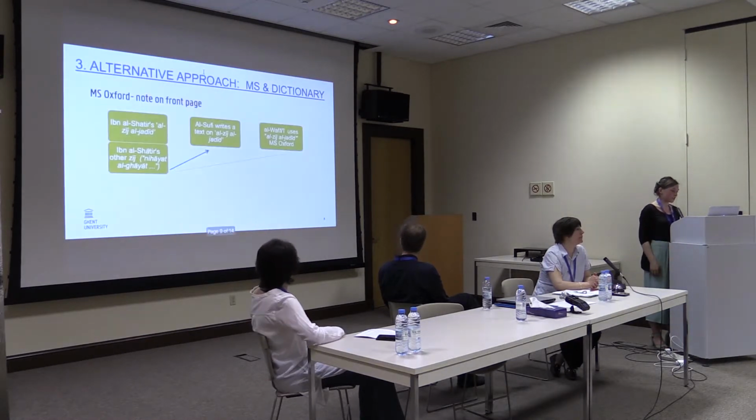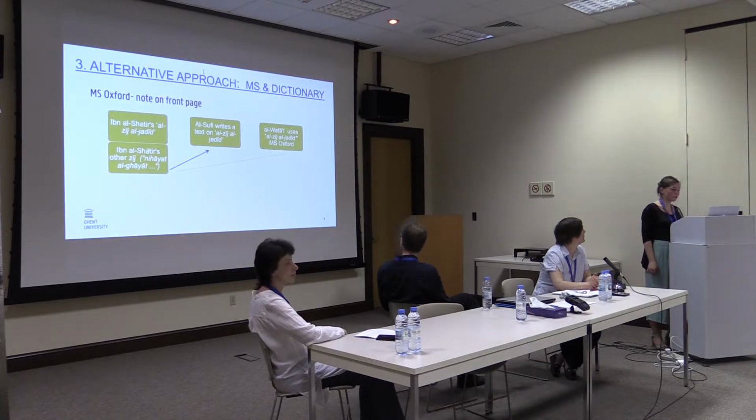So this is a reconstruction of the note on the front page. So there's a note written by al-Wafa'i, who uses this zīj, referring to a note written by a Sufi on the basis of another zīj of Ibn al-Shatir, and he may have also used an older lost version of Al-zīj al-jadīd, but we don't know that.